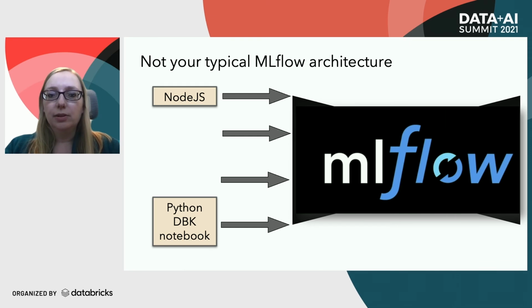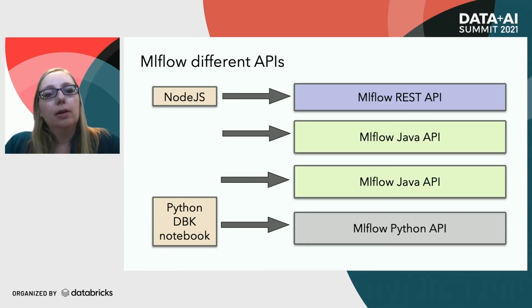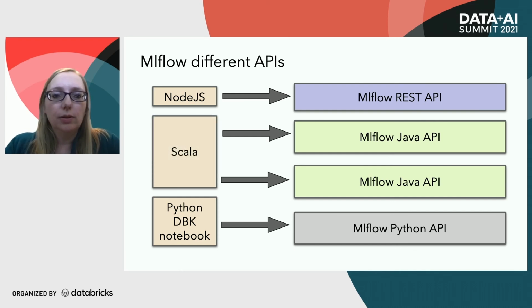This is not the usual architecture that people use for MLflow. So as I said, we have three different APIs. For the Node.js app, we're using the REST API. The Node.js app is the ER's config API. It's used to start a configuration.